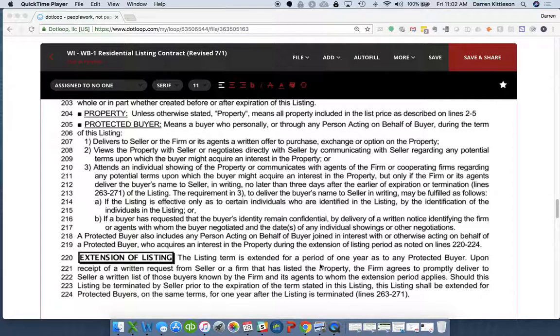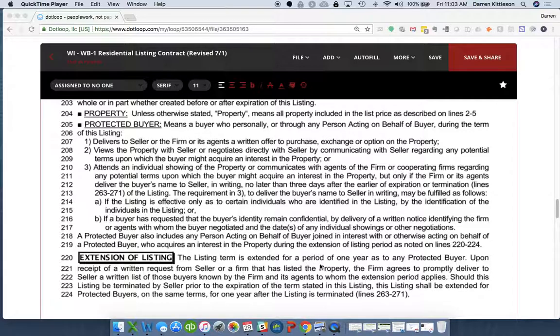So I provide that list within 3 days after the expiration of the contract to the seller of all of those names. And let's say during the time of the listing, we did have one offer. It was low. We couldn't get it to agreement. And so now I've got kind of two separate sets of protected buyers. First and foremost, that buyer who wrote the offer is automatically protected for a period of 1 year from the expiration of the contract.